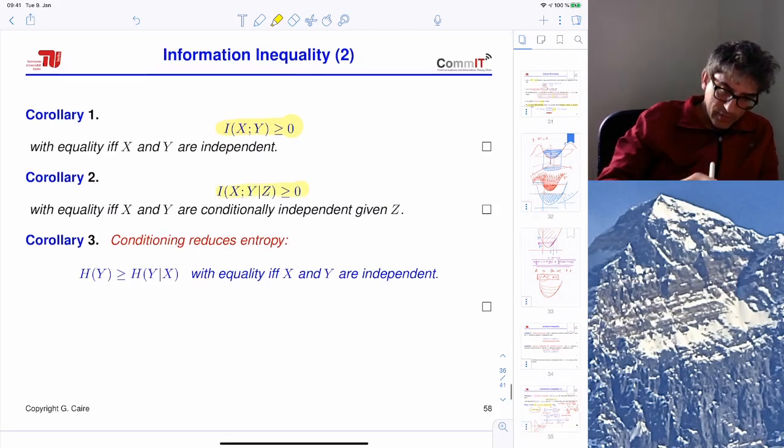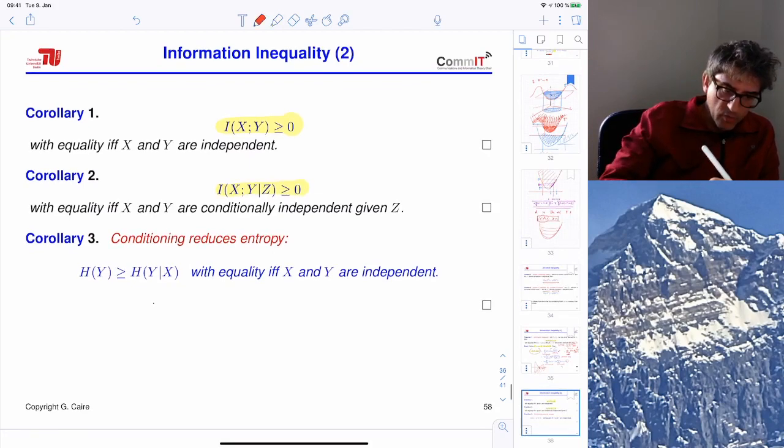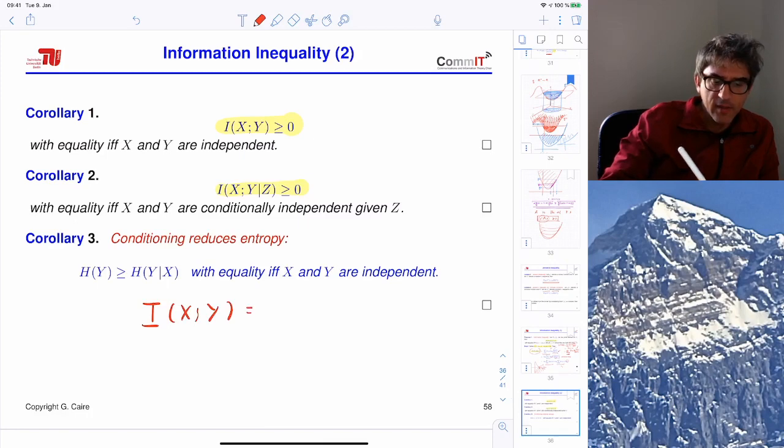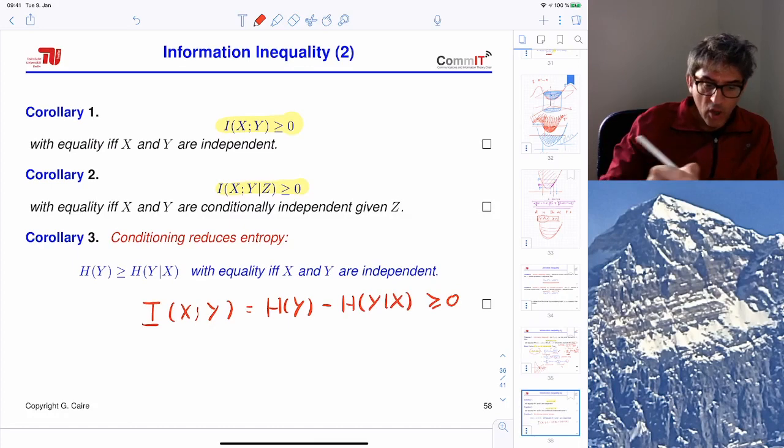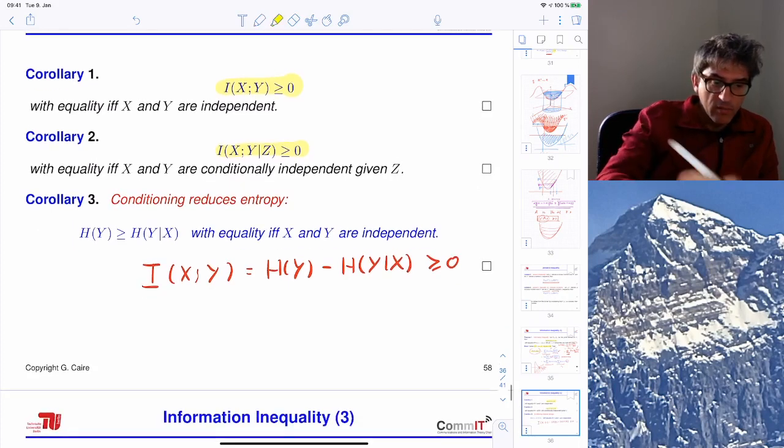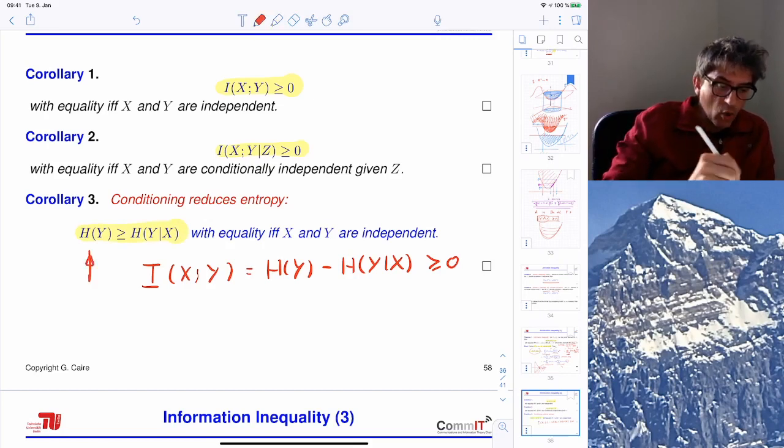And because we can write the mutual information as the entropy of one variable minus the conditional entropy of that variable conditioned on the other one, and this is greater or equal than 0, we find that the unconditional entropy is always greater or equal than the conditional entropy.